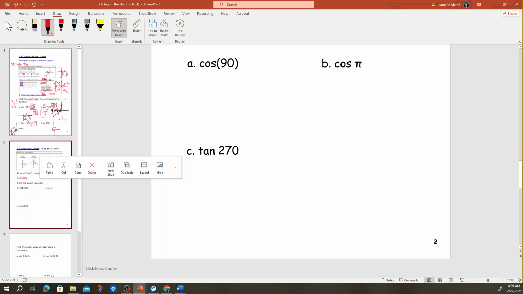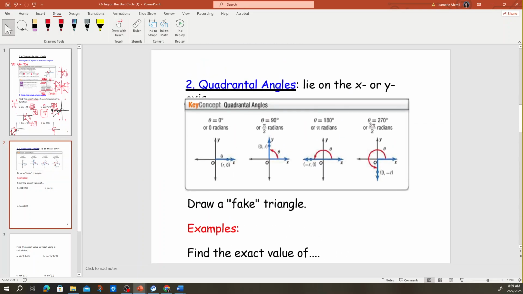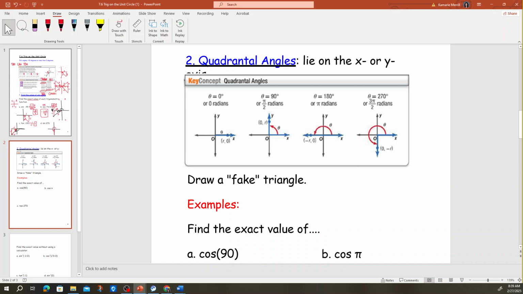And again, quadrantal angles are ones that lie on the x or y axis. So for easy numbers, this is 0 degrees, and we're going to say that they go through a point, and this is where I told you guys your x's and y's will come in handy, okay? So your x direction, you imagine this initial and terminal side in here, and they go through some coordinate point.